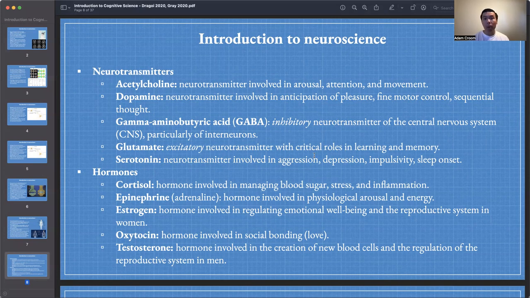Okay, so it's important to understand that GABA and glutamate are two important neurotransmitters. One is excitatory, glutamate, and one is inhibitory, gamma aminobutyric acid, or GABA. And another neurotransmitter is serotonin. This is a neurotransmitter that's involved in aggression, depression, impulsivity, and sleep onset.